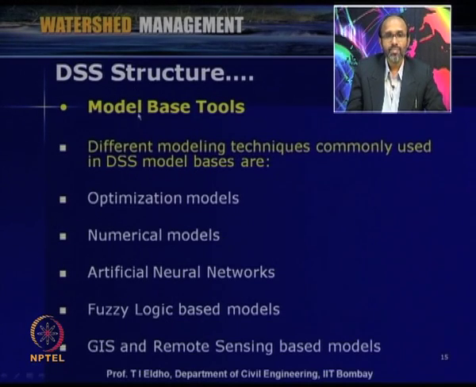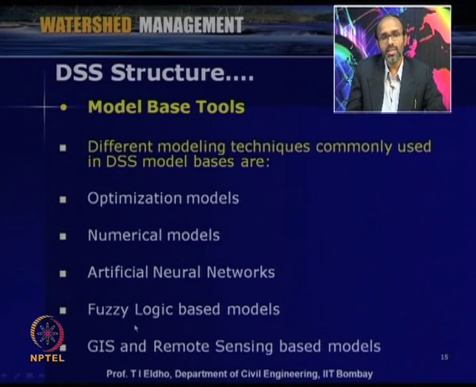So, for the model based tools, as I already mentioned, different modeling techniques commonly used in decision support systems include optimization models like linear programming and dynamic programming. Then numerical models like the finite element method and finite difference method, mainly for simulation purposes. Then artificial intelligence techniques like artificial neural networks, genetic algorithms, and fuzzy logic based models.